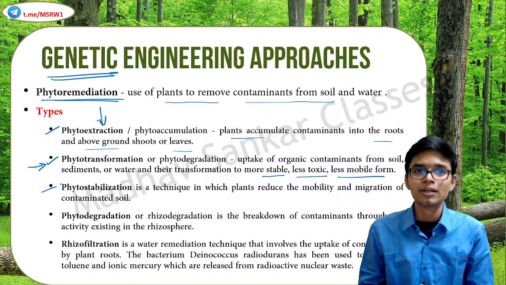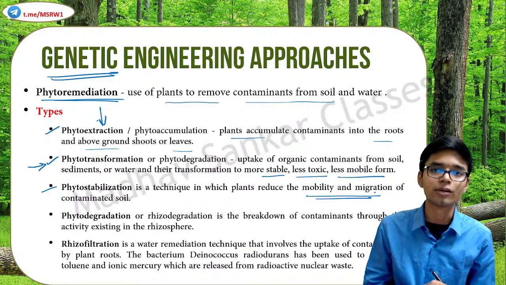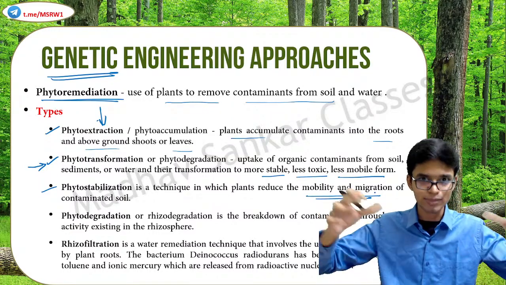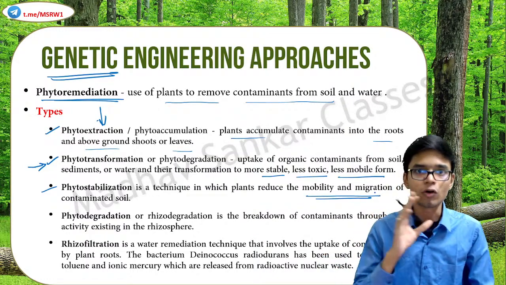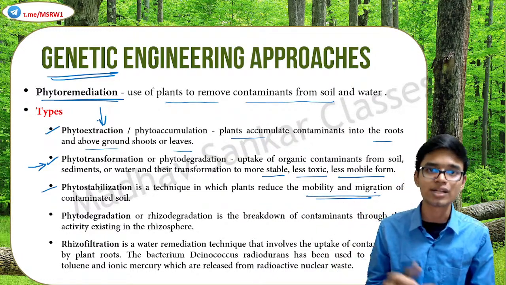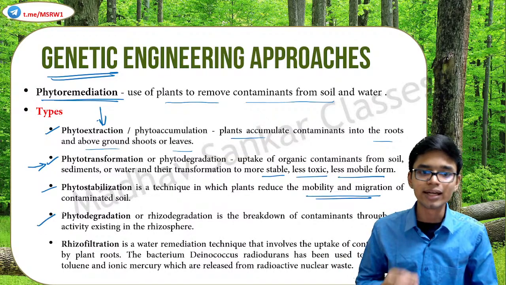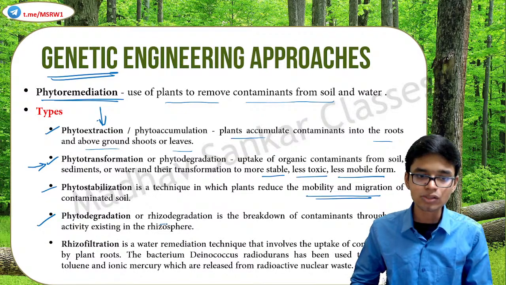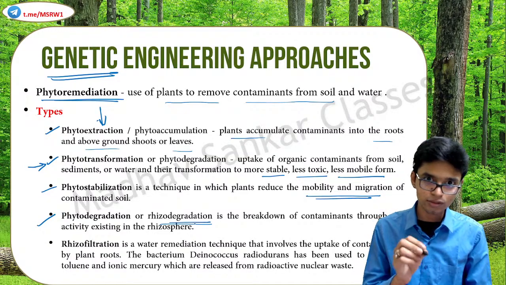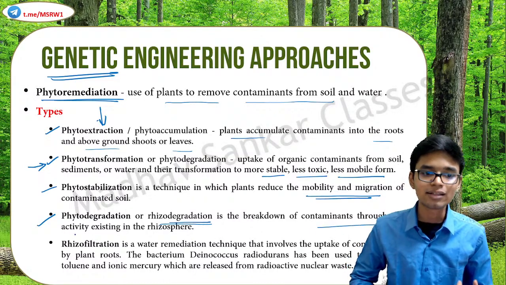Phytostabilization. This is a technique in which plants reduce the mobility and migration of contaminated soil. They bind the soil with their roots, specifically engineered roots, thereby preventing the mobility or migration of contaminated soil. That is known as phytostabilization. Then you have rhizodegradation. It is the breakdown of contaminants through activity existing in the rhizosphere.